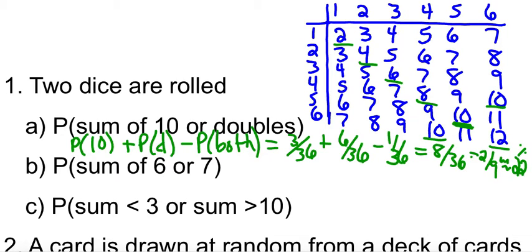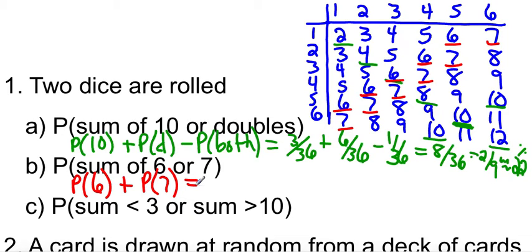Okay, the next one, we want to know the probability of getting a sum of a 6 or a sum of a 7. So here are my 6's, and here are my 7's. And you'll notice there is no overlap. So for this one, all we have to do is the probability of rolling a sum of 6 plus the probability of rolling a sum of 7.